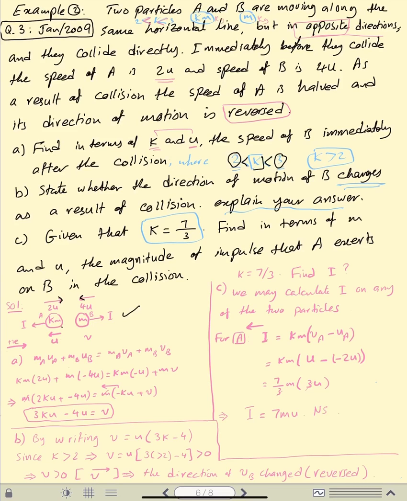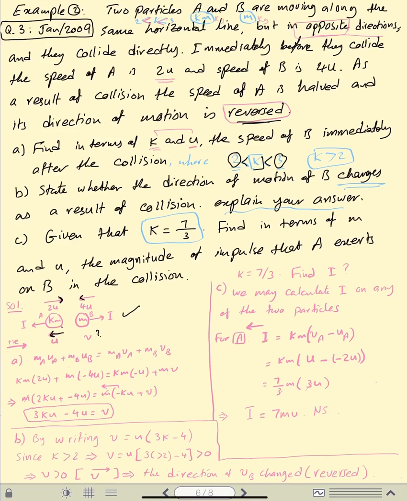And he said, before the collision it was 2u, it's half of 2u, which is u now, and it's reversed. So you show this. The best way to not confuse yourself and the examiners, show them the directions are changed or reversed. V we don't know yet.